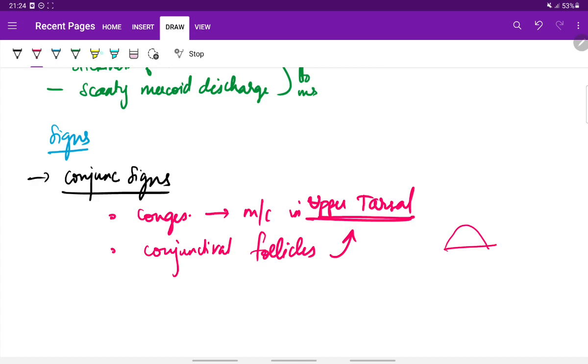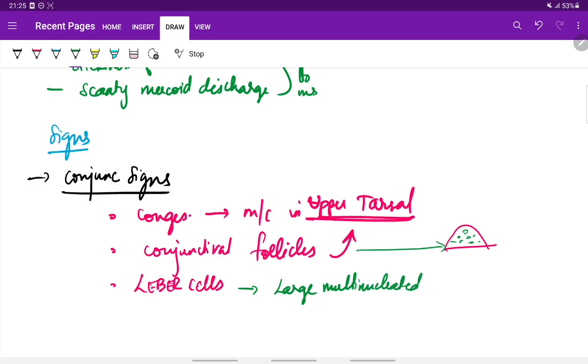If this is the tarsal conjunctiva, these are the follicles. And there is presence of Leber cells. These Leber cells are large multinucleated cells. These are the Leber cells.